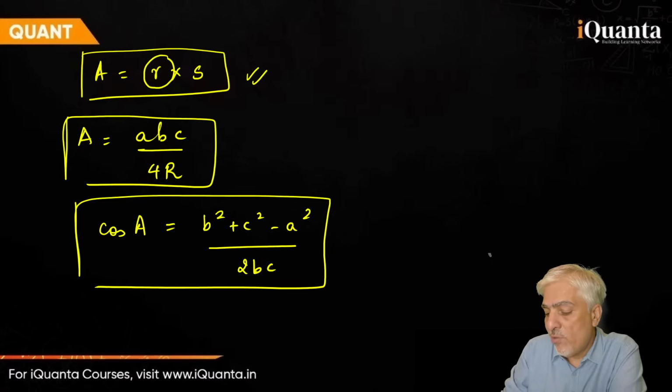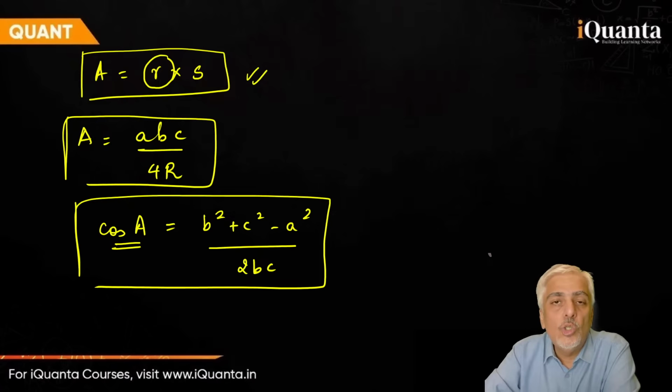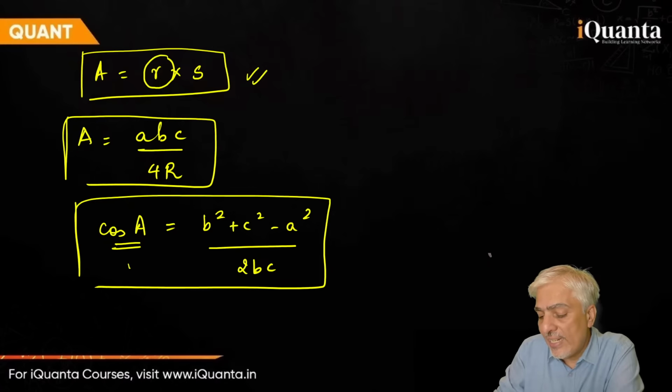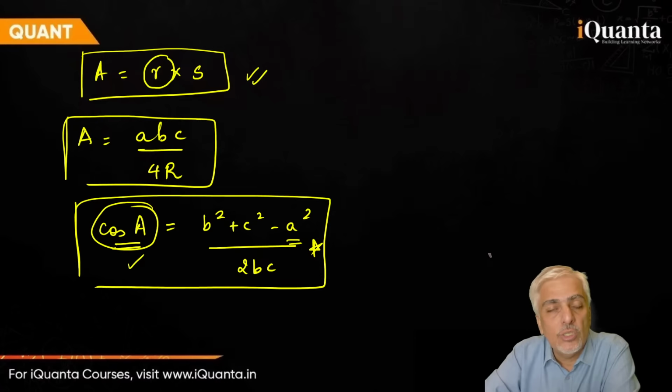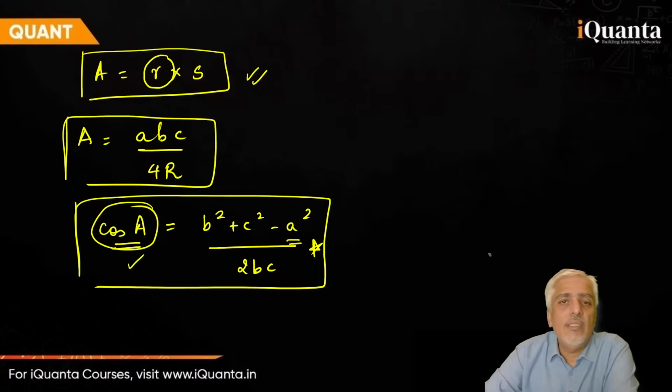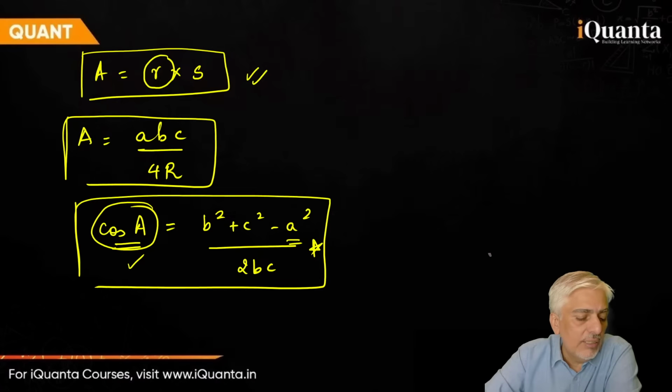I have all three sides involved and I have one angle involved. So if you have one angle involved and you have the missing side a, suppose, then you can use this formula. Or if you have all three sides involved and you want to find angle A, then you can use the formula. On the cosine rule, there have been a couple of questions asked in CAT over the last few years. So this is one more thing I would want you to go through.